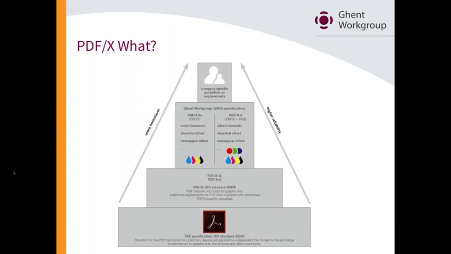They're going to be different types of requirements. So what the Ghent Workgroup has done, and this is really where we started back in 2002, we said, okay, how can we create a subset of PDFX that will allow designers or ad agencies to supply a reliable file for a specific type of application, whether it's an ad or a magazine or a newspaper, and not have to worry that every newspaper has its own set of specifications, or every magazine does.